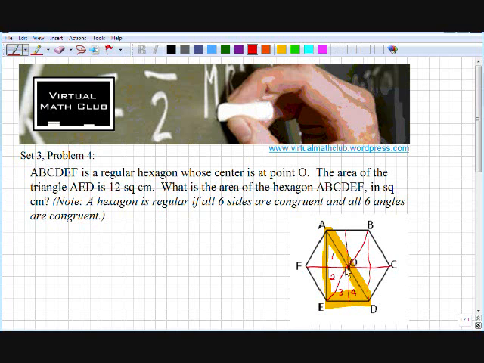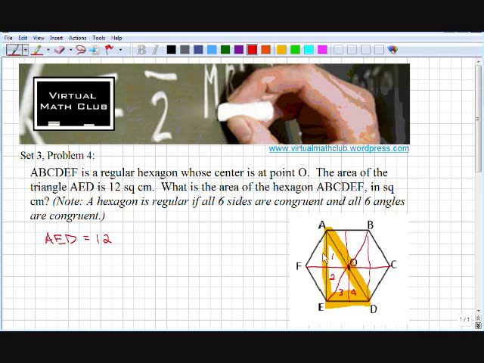So we have AED made up of 4 little triangles. Let's write this out: AED is equal to 12 square centimeters, and that's made up of 4 of these little triangles.